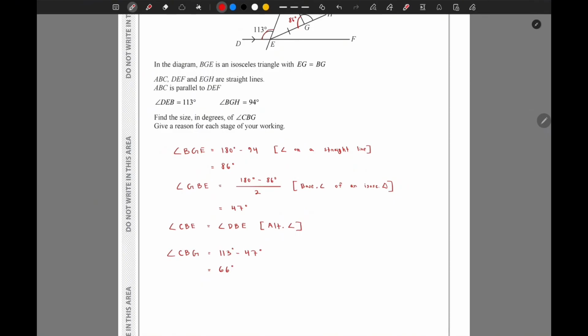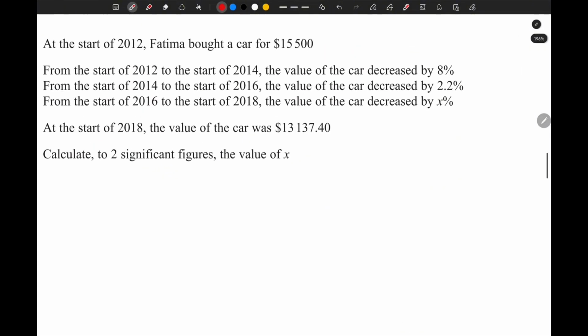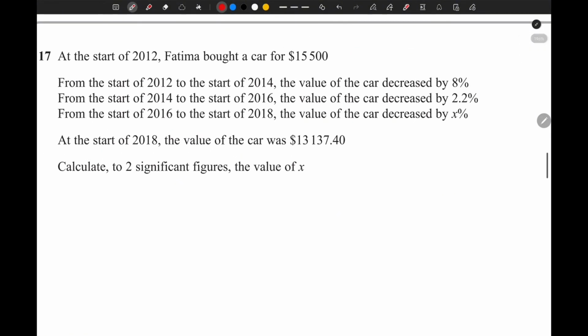Now for the next question. At the start of 2012, Fatima bought a car for $15,500. From the start of 2012 to the start of 2014, so this is a span of basically 1 year.